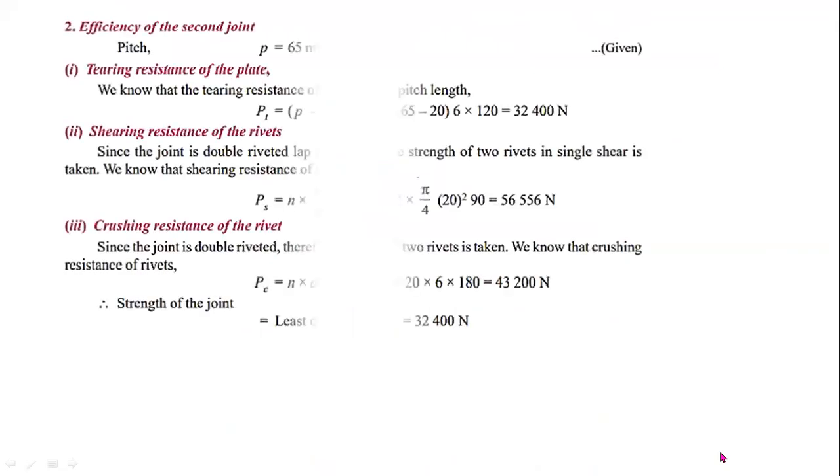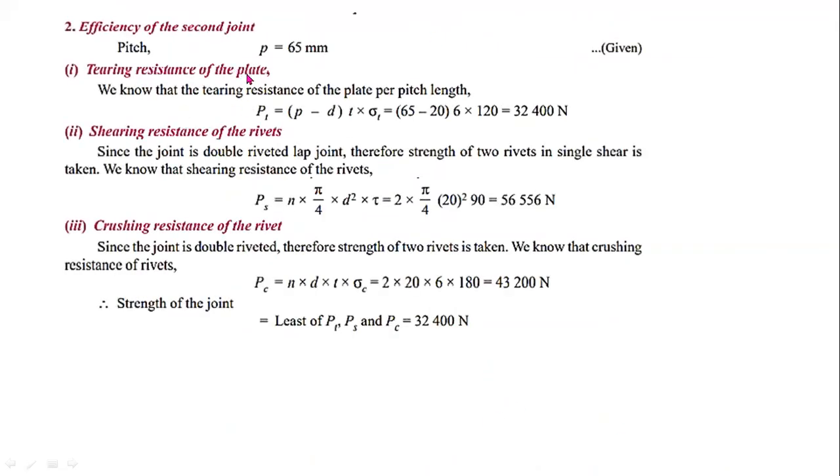Now coming to the second case. Here, in the second case, the pitch of the riveted joint P equal 65 mm, the thickness of the plates is 6 mm, and the diameter of the rivet equal to 20 mm. By using these three values, you have to determine the efficiency of the joint.